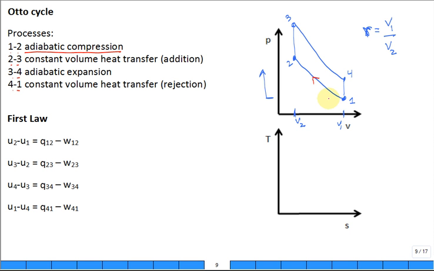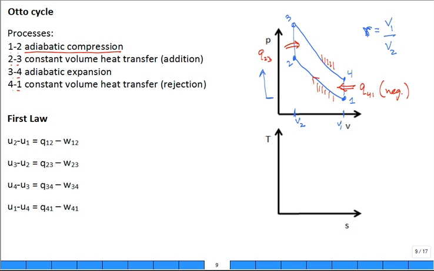This is all adiabatic, so there's no Q. This is all adiabatic, there's no Q. There's heat addition, so Q 2 to 3. And I'm going to show heat addition 4 to 1, but it's a negative heat addition because it's really heat rejection. It's heat coming out.